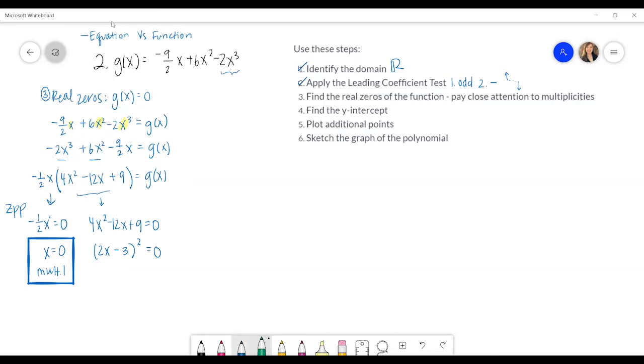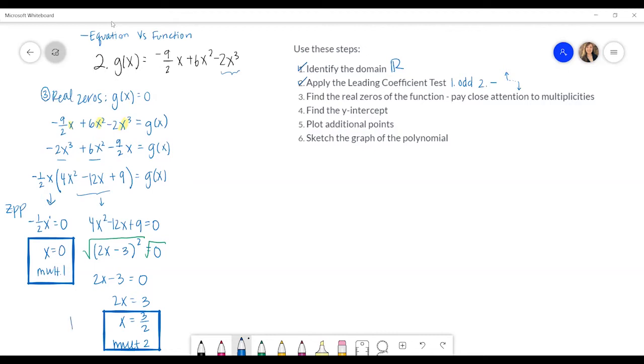but we can square root both sides. And this essentially gives us 2x minus 3 is 0, 2x is 3, and x is 3 halves. And this has multiplicity 2. So just like we saw in the last question, we're going to have a point of tangency here.